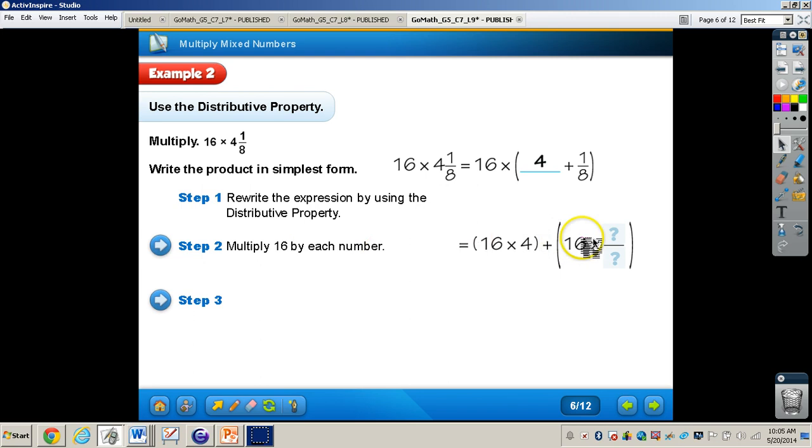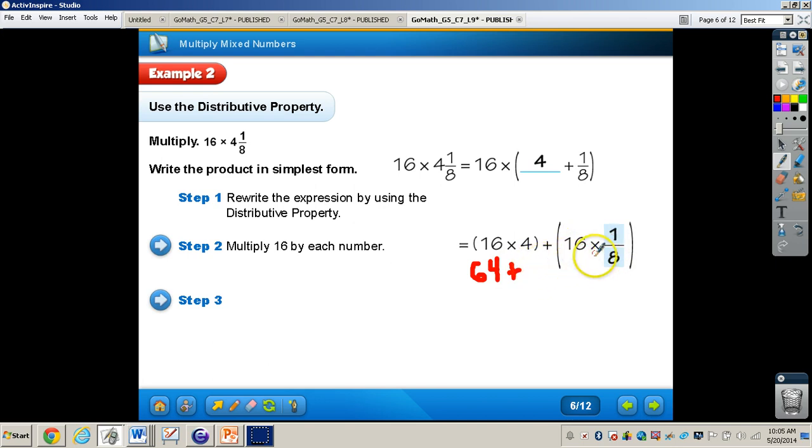Okay, so we have 16 times 4, and that's going to give us 64. And then plus, we're going to have 16 times 1/8.